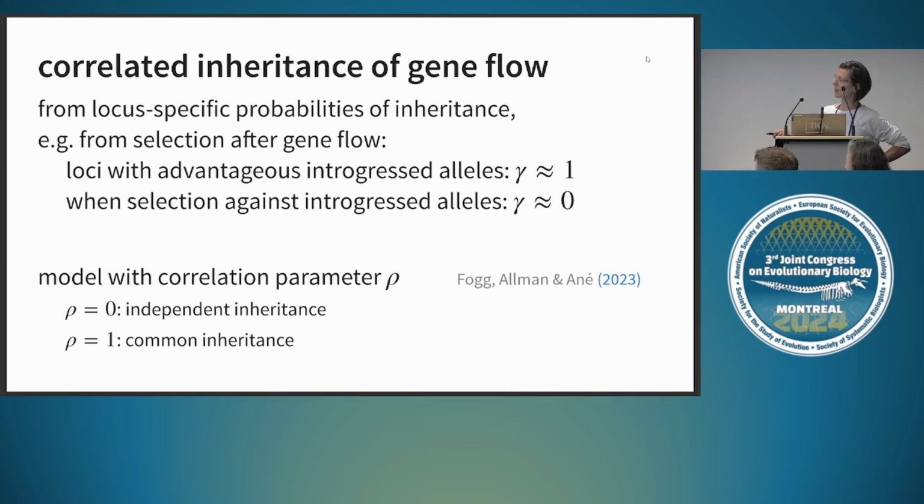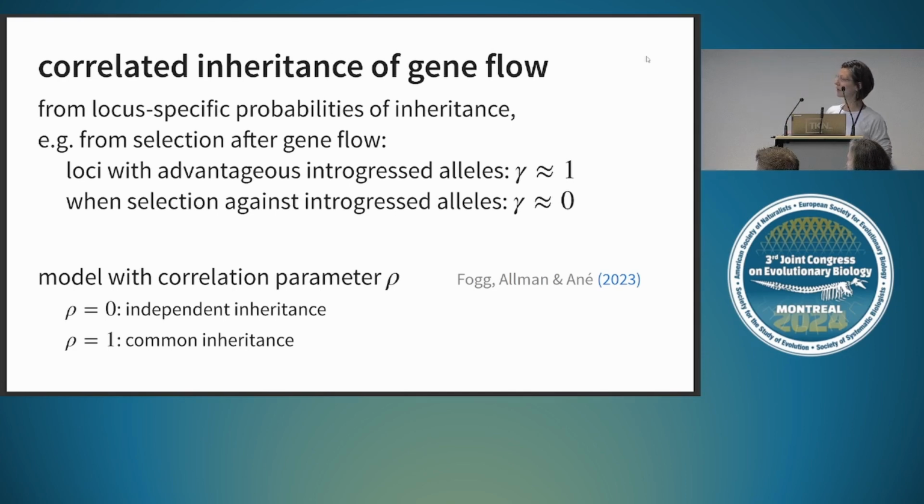Take loci that are advantageous coming from the introgressed parent population. Then after selection, if I sample individuals and look at their history back in time, most likely all lineages are going to come from the introgressed parents.